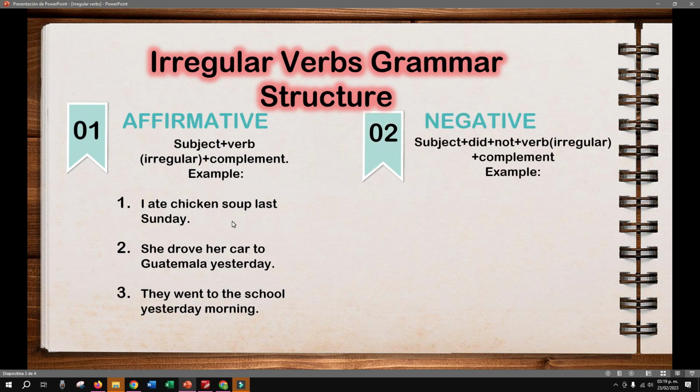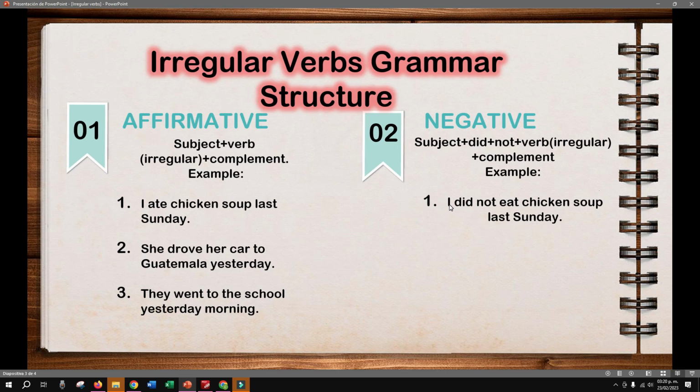Let's see the negative one. Subject plus did not plus the verb, in this case irregular, plus the complement. If you notice, you have the same structure here, but you have an irregular verb there, right? So, example: I did not eat chicken soup last Sunday, right?